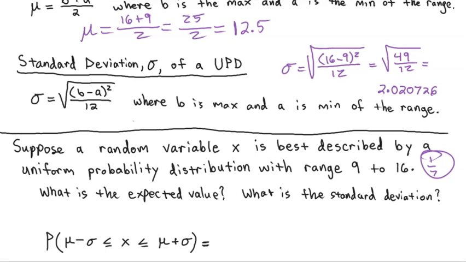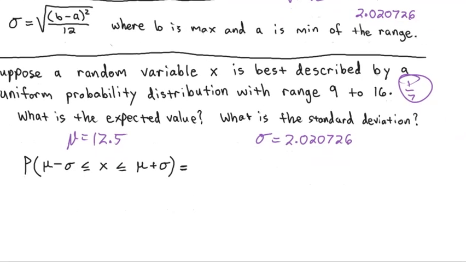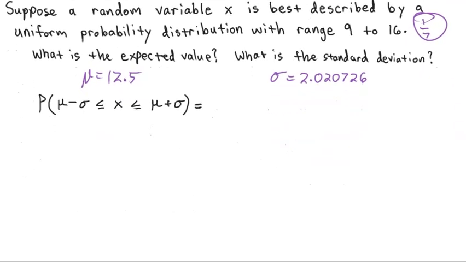It says, what is the expected value here? Well, the expected value mu is 12.5. And what is the standard deviation? The standard deviation is 2.020726, okay?